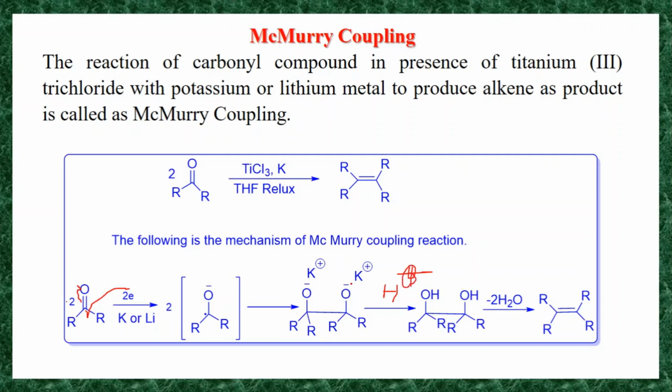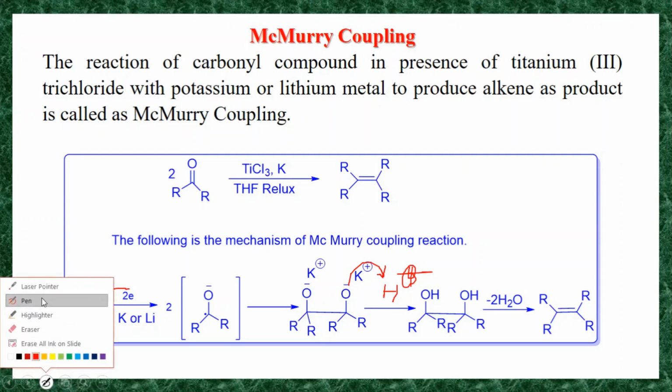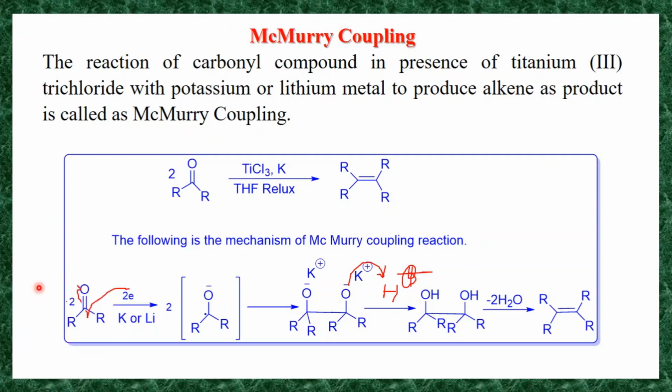So this oxygen anion takes this hydrogen and converts to OH. Same, this oxygen anion takes a proton and converts to OH. Now the next step is simply a dehydration reaction. So loss of two water molecules, and you will get this alkene.